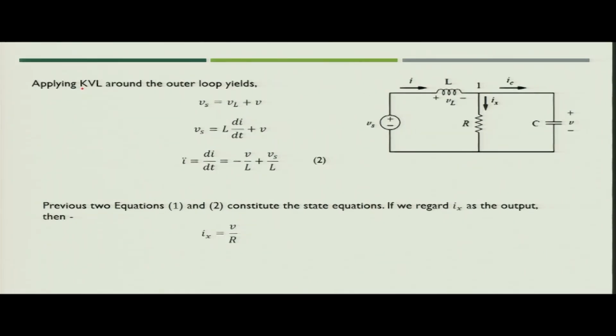Next, we apply KVL around the outer loop. We get Vs is equal to VL plus V. When you put the value of VL, you get Vs is equal to L into di by dt plus V. If you put L di by dt on the left and rearrange, and then divide the right side by L, you get di by dt is equal to minus V by L plus Vs by L. Now, di by dt is nothing but I dot.